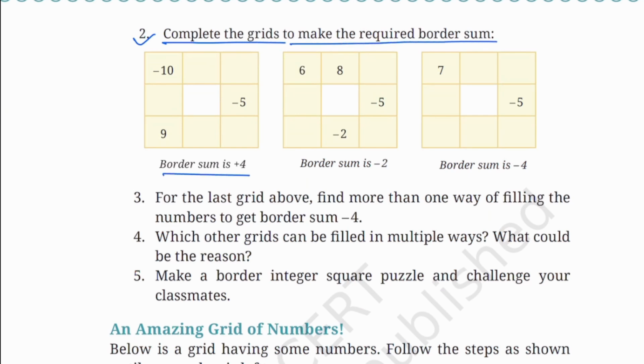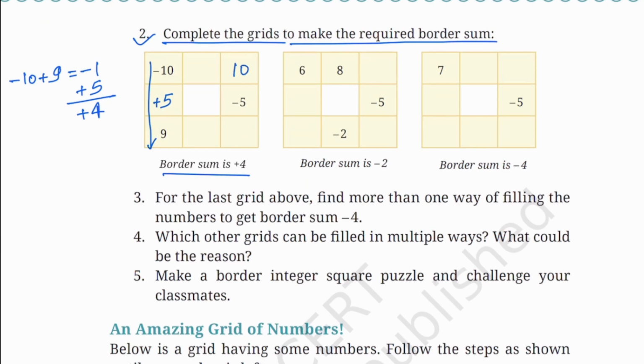Border sum plus 4. Minus 10 plus 9 is equal to minus 1, and if you add 5 to minus 1 you will get 4. Similarly, you can fill any number of your choice here.